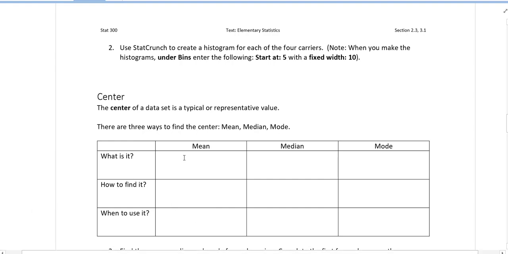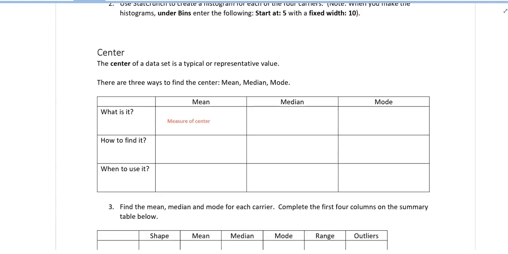So here for the definitions, we kind of already talked about all of them, but I can say, what is the mean? The mean, we can just say, is a measure of center. What about the median? The median is the middle value of the data set.